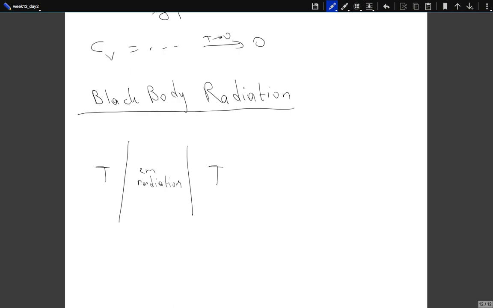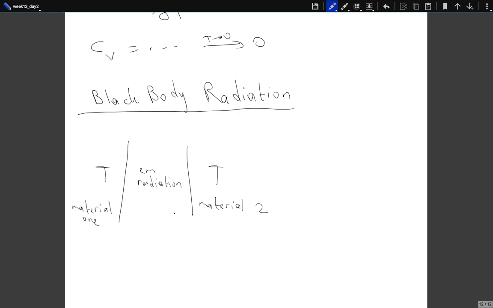And let's just assume that, so this is material 1 and material 2. If you want, you can just imagine a closed container. And so, well, there's this electromagnetic radiation in between, so it's basically electromagnetic waves going back and forth between these two materials.